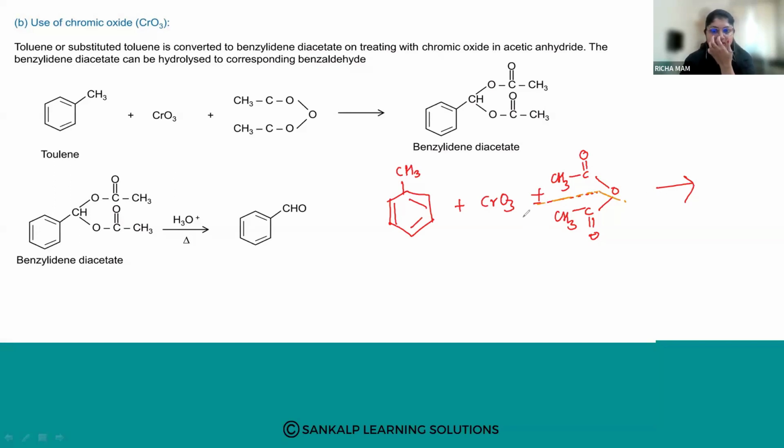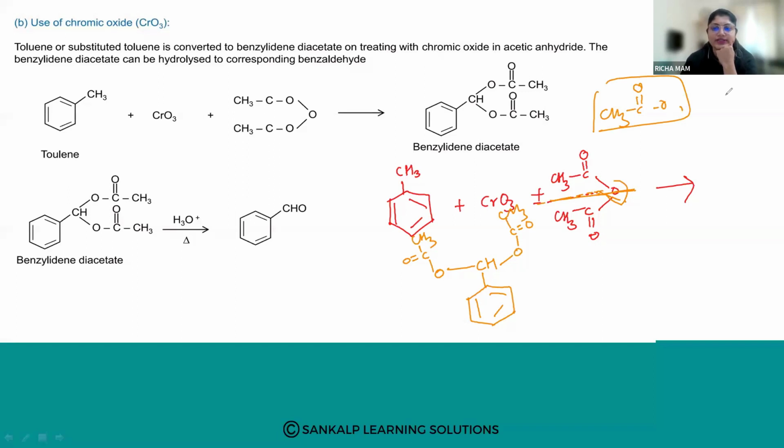Just see what will happen. Here CH, then oxygen will get attached: O, C=O, CH3. Then again one molecule, so this oxygen is shared. Again O, C=O, CH3. This is benzylidene diacetate, because there are two acetate groups. CH3C=O is acetate, so two acetates are there, so it is diacetate.